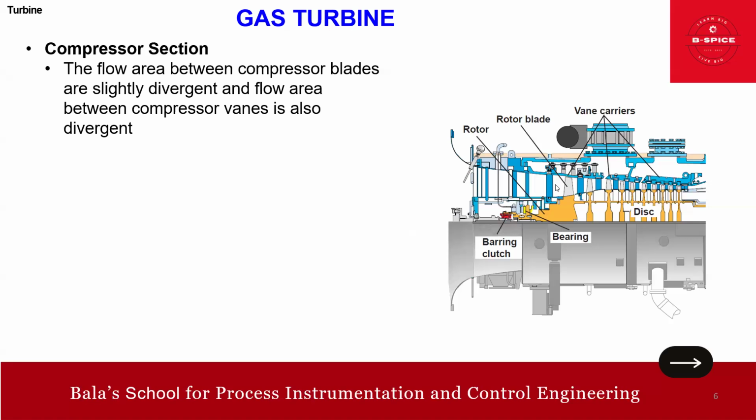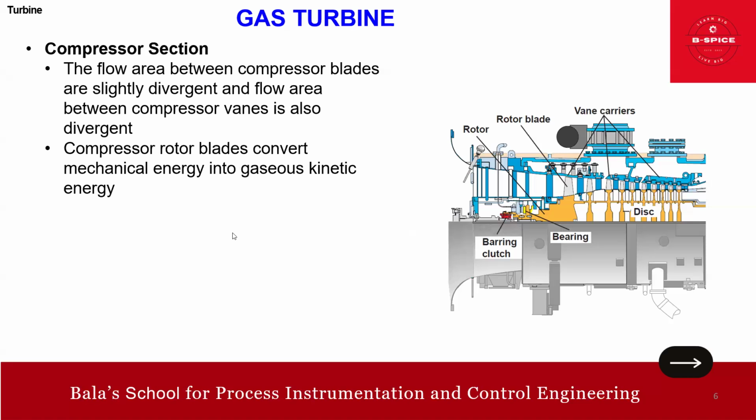In this context, divergent means that the space between the blades increases as the air moves through the compressor. This design helps in gradually slowing down the airflow while increasing its pressure. So that is the point. Just make a note, friends.